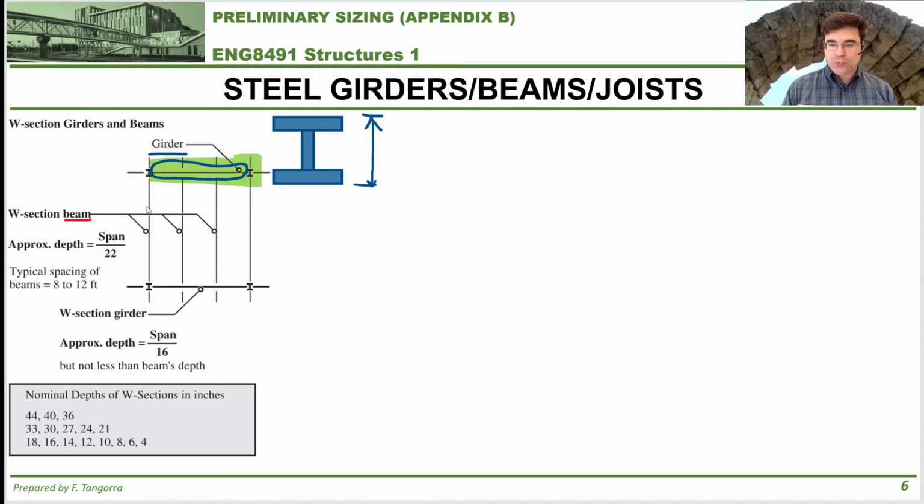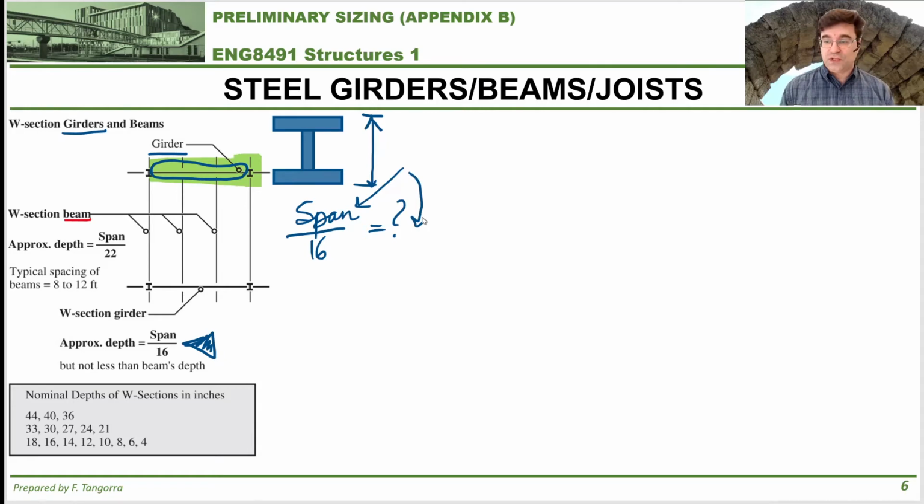Now, the rule of thumb that's provided for girders is shown right here, okay? And the rule of thumb is span divided by 16. And the nice thing about this rule of thumb is that whichever unit you choose to use for the span is then going to be also the same unit you're going to be using for the answer you get.